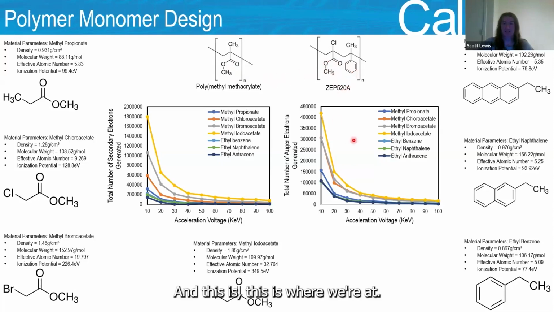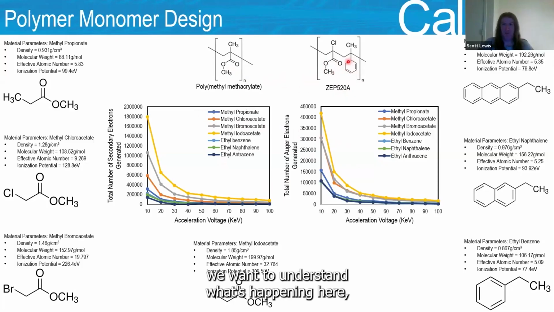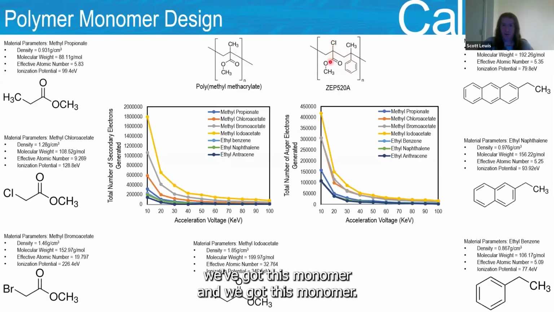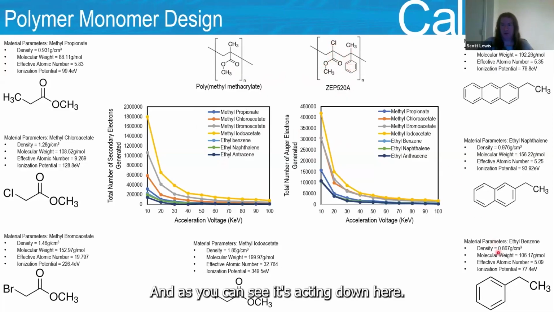And this is where we're at. So essentially going back to this guy, we want to understand what's happening here, which I'll go through in massive detail in a minute, but we've got this monomer and we've got this monomer, and as you can see, it's acting down here. So this is not very good.